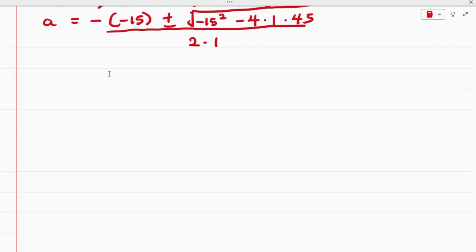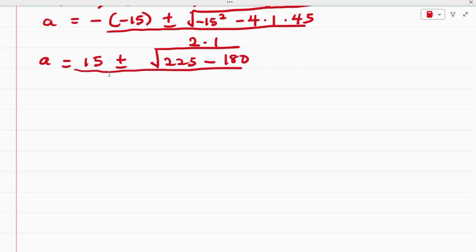So from here we have that a is equals to minus multiply minus is 15 plus or minus, we have this to be minus 15 squared is going to give us 225, minus 4 multiply 1 multiply 45 is going to give us 180, all over 2 multiply 1 is 2. So a is equals to 15 plus or minus the square root of 225 minus 180 will give us 45, all over 2.